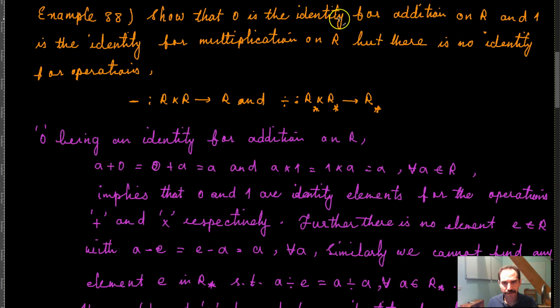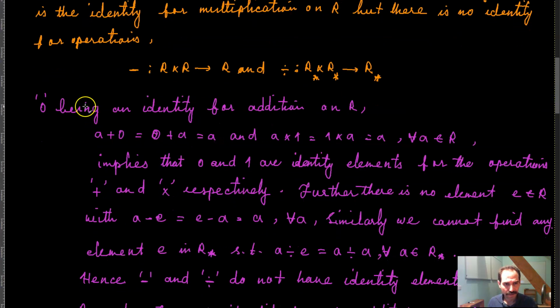We said that 0 is the identity for addition on R, and 1 is the identity for multiplication on R, but there is no identity for subtraction and division on R and R star, right? So 0 plus a is equal to a plus 0 is equal to a, and a times 1 is equal to 1 times a is equal to a, for all a belonging to R.